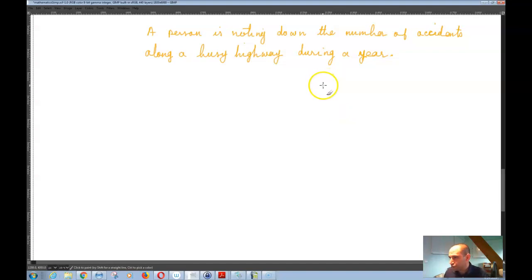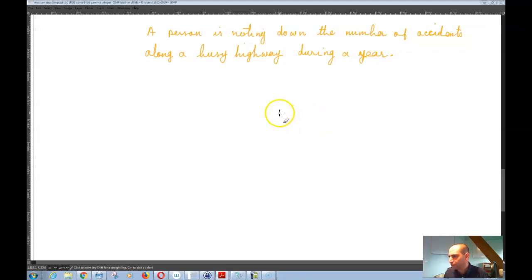So then the sample space would be, suppose that for example the number of accidents along a busy highway during a year of observation can be either 0 for no accidents, or 1 or 2 or some other positive integer.